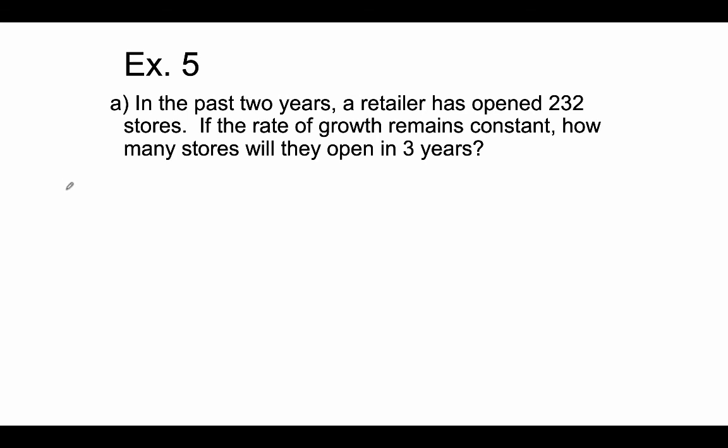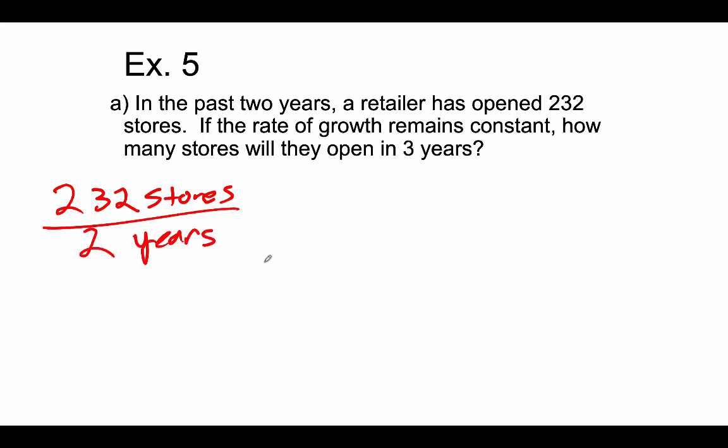There are 4 different ways you can do this. 232 stores in 2 years, and then I want to know how many for 3 years. So we can do it as a proportion. Years across from years, stores across from stores. Okay? Can we cross multiply? You're darn right we can.